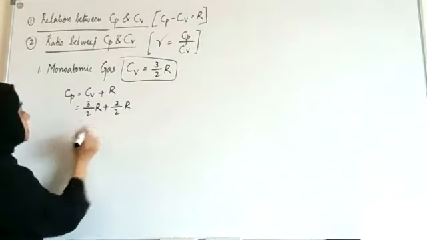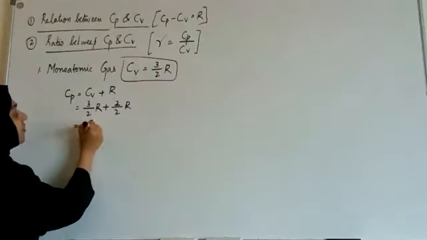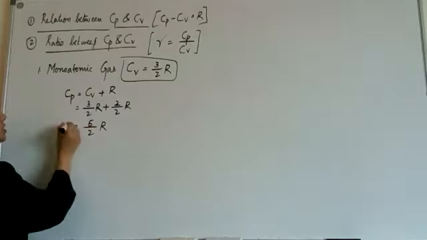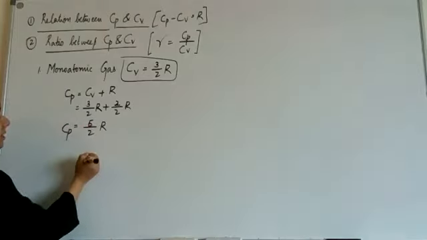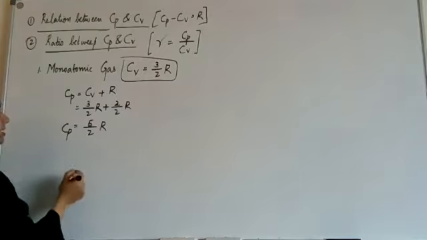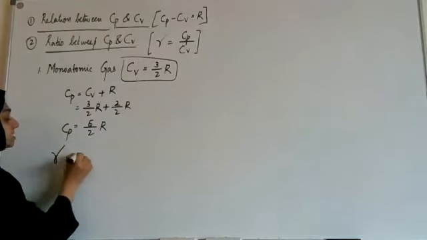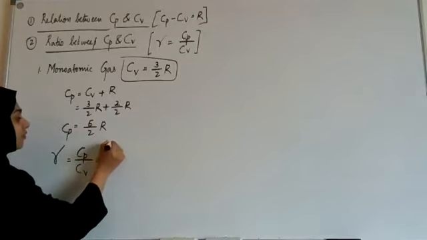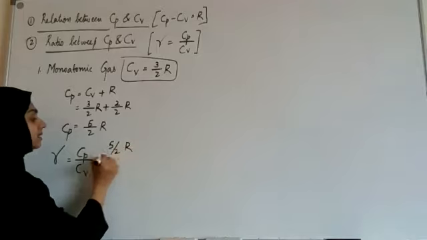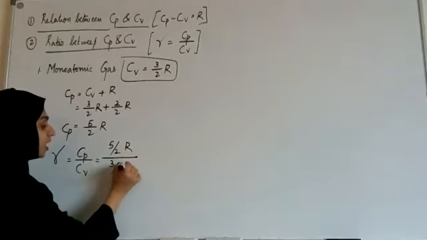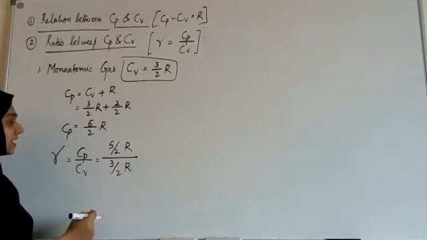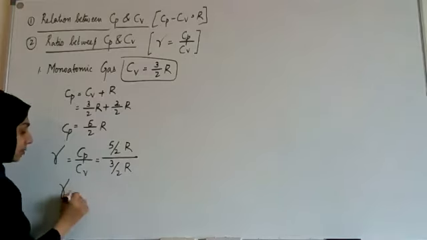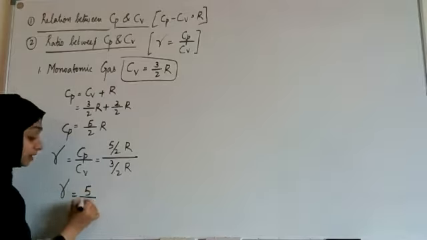So 3/2 plus 2/2, I will get 5/2 R. So Cv is equal to 3/2 R, then Cp is equal to 5/2 R. Then gamma is equal to Cp by Cv, right? So this is equal to 5/2 R divided by 3/2 R. The 2R gets cancelled and I will get, for a monoatomic gas, gamma is equal to 5 divided by 3.